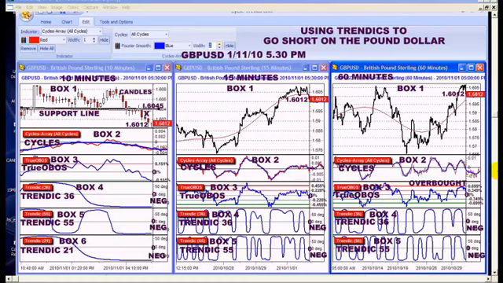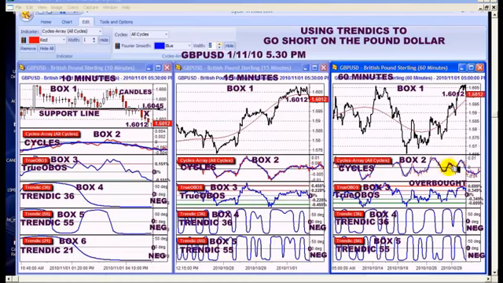What is very important is to examine the cycles first in the 10-minute period, and here we have the cycles in the 10-minute period, and we look at the future zone. What is it saying in the future zone? And it is pointing downwards, agreeing with the trendings. If we look at the cycles in the 15-minute period in the future zone, also from here to this point here, pointing downwards.